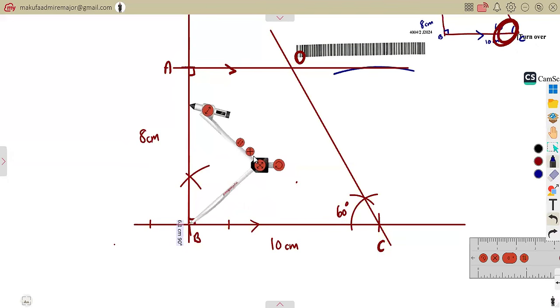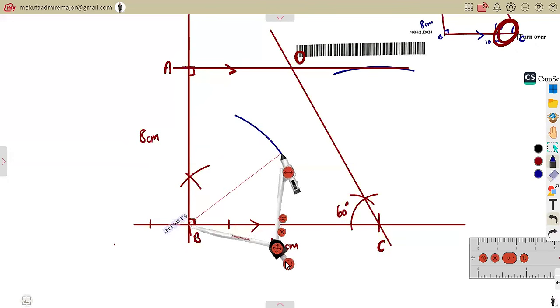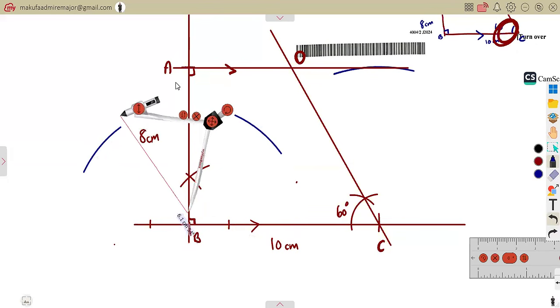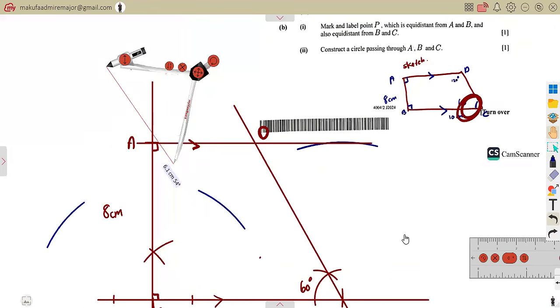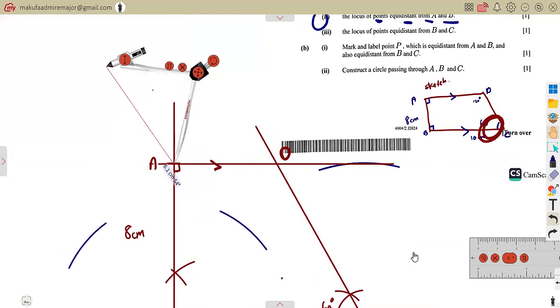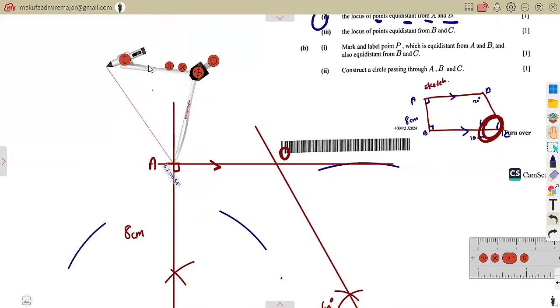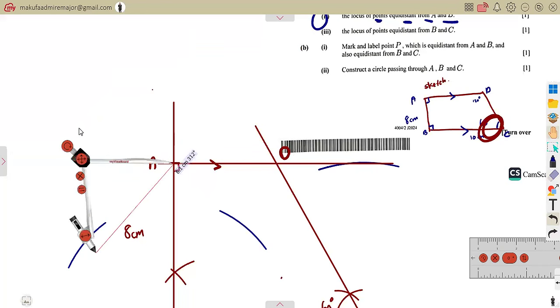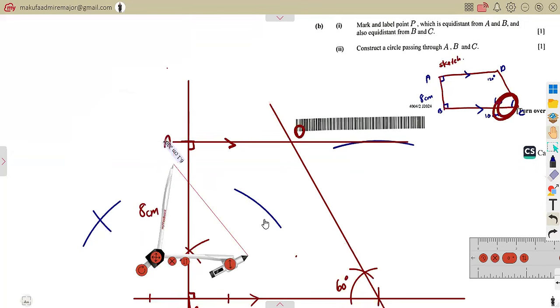So at point B, open more than half of the line, construct an arc this side, and also construct an arc this side. You do the same thing at point A, without changing the distance on your compass. You're going to mark an arc this side, and also mark an arc this side.